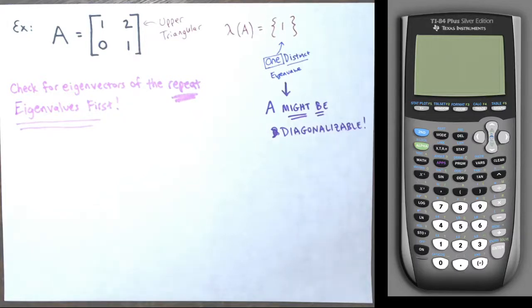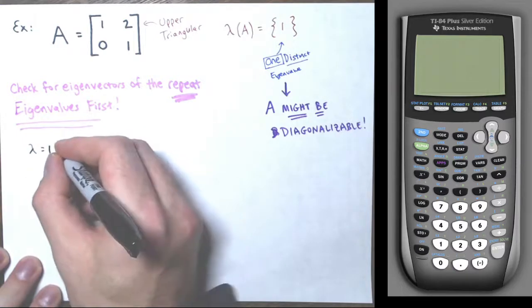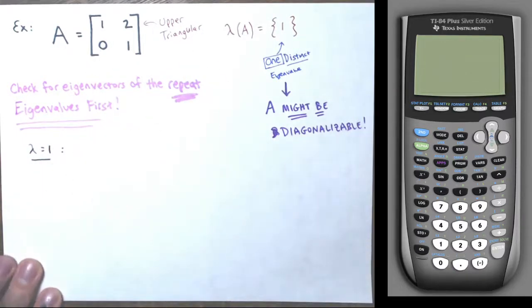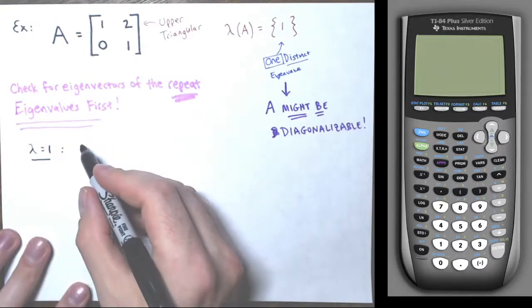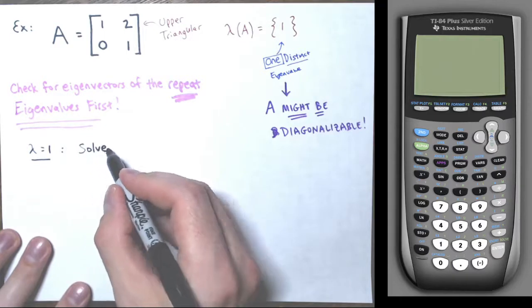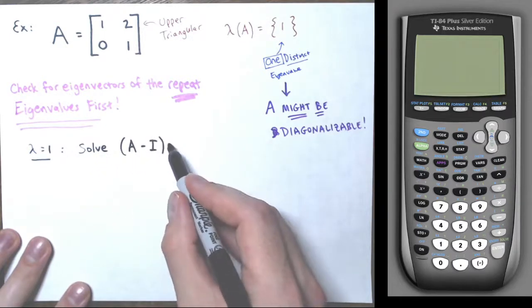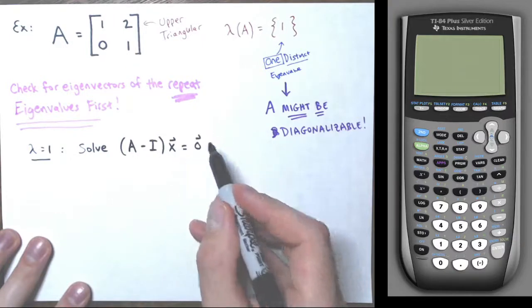All right. So for lambda equals 1. Again, I don't need to do the characteristic equation. I know lambda equals 1. We're finding eigenvectors, so I'm solving A minus lambda I, so just A minus I, times vector x equals the 0 vector.